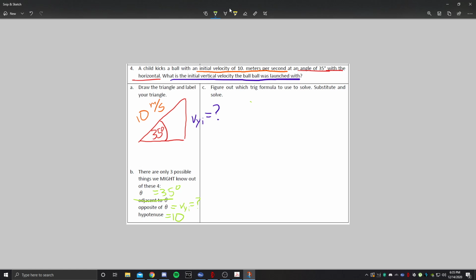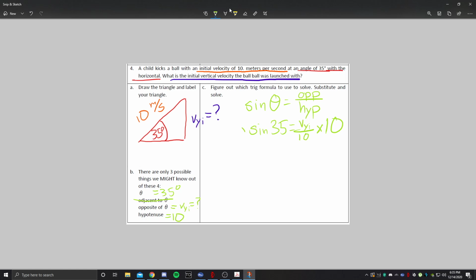You're going to do sine theta is equal to opposite over hypotenuse. Then sine 35 is equal to v_yi over 10.